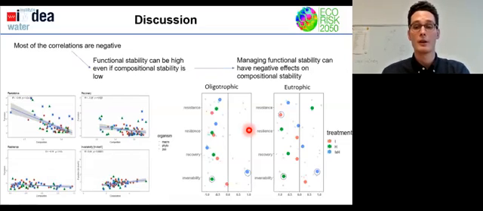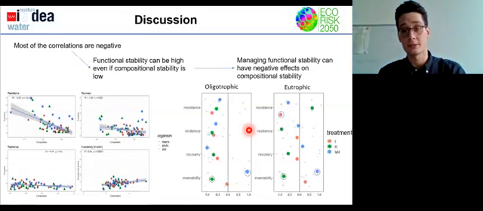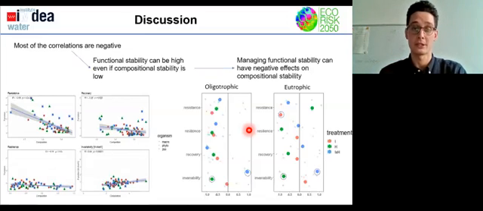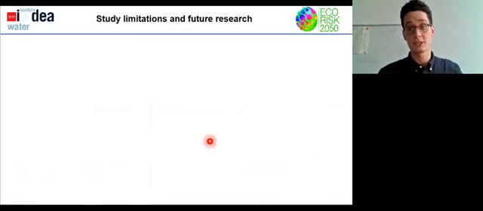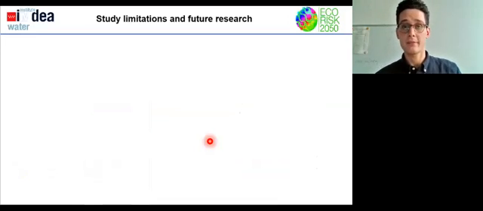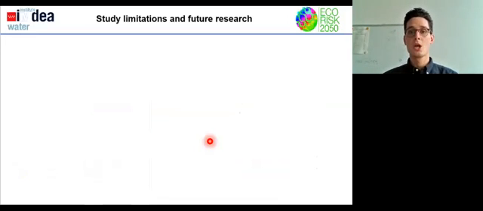Therefore, focusing either on functional or compositional stability in isolation risks an incomplete understanding of the effect of perturbation on ecosystems. And this is linked with a strong likelihood of underestimating the overall impacts. Finally, I would like to talk about the study's limitations and avenues for future research.